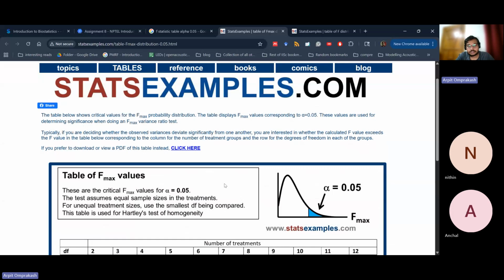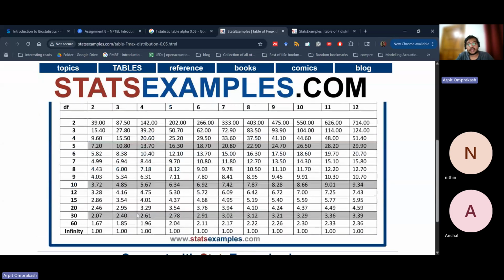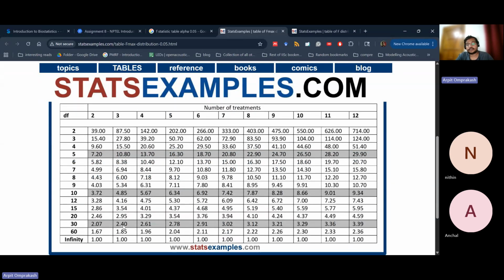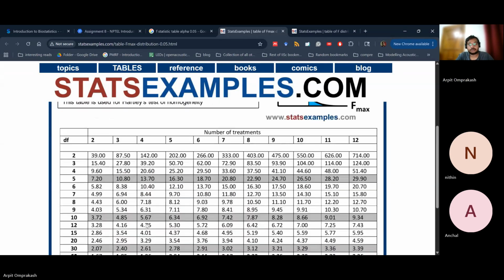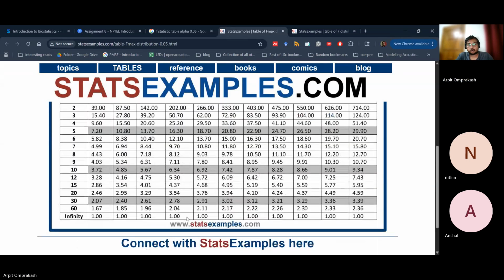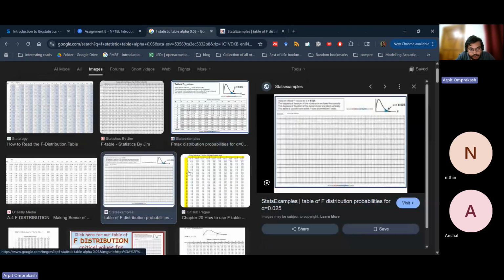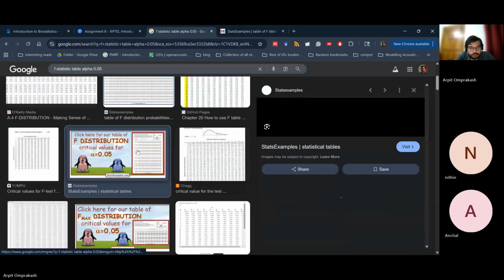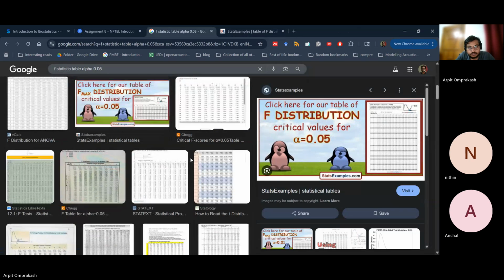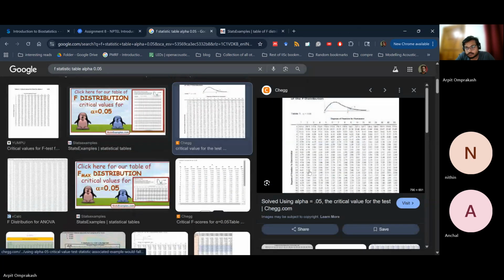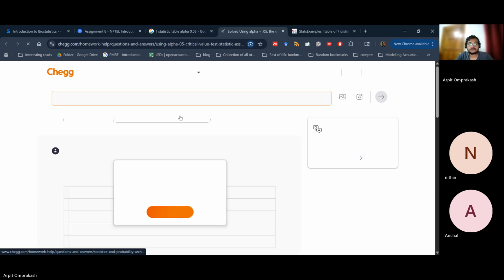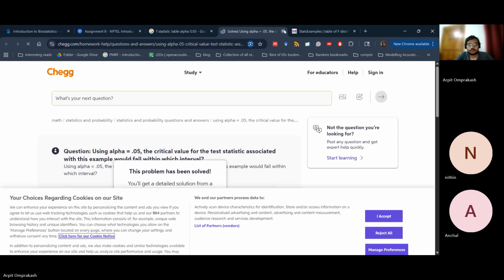So what we can say here is that our value is 2.33, which is greater than 1.85. Just trying to look for a better table.